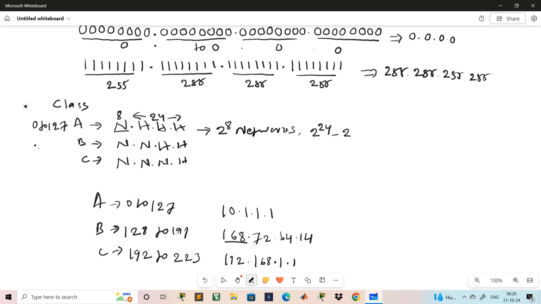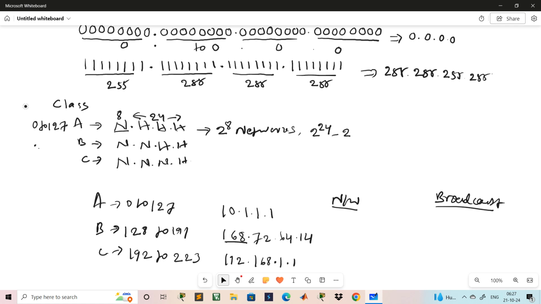Then how do we find the network address and the broadcast address? That is very simple. There is the network address and this will be the broadcast address. I'm discussing classful addresses, not subnetting. After subnetting, that concept will be different.